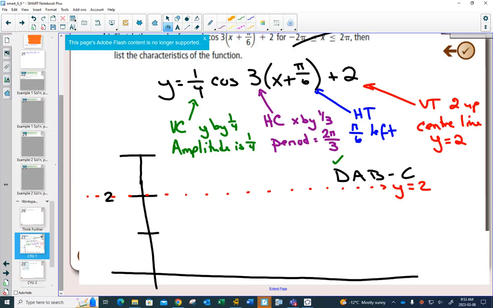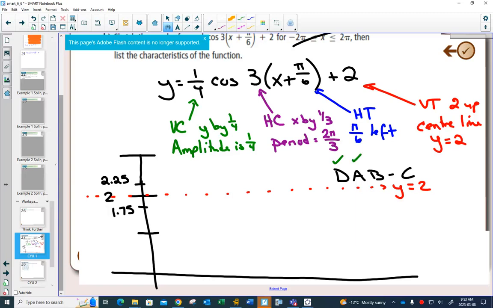So now my maximum is going to be at 2.25, and my minimum at 1.75. So this one's going to be very narrow. Next, I can check off that's all you have to do for your A value and DAB-C.